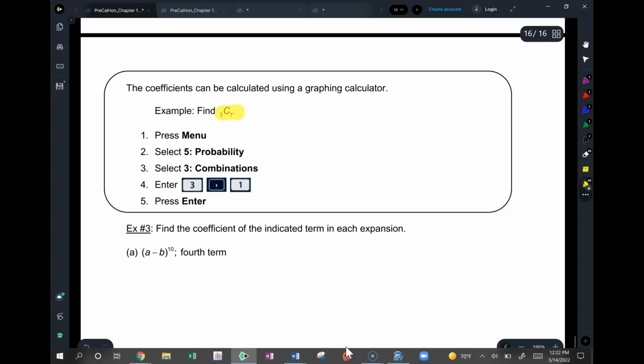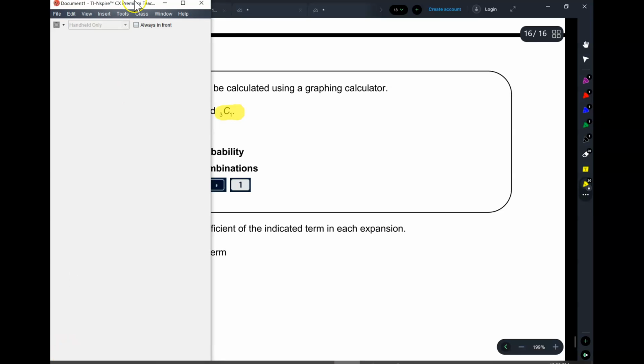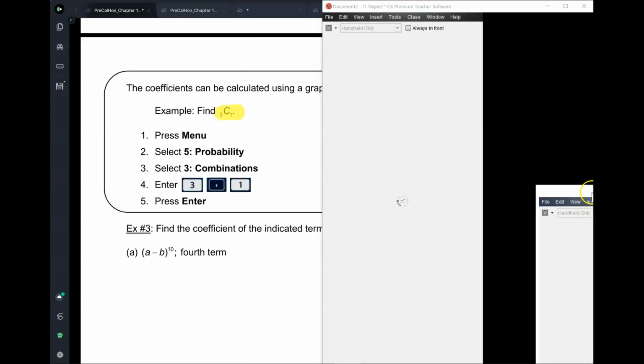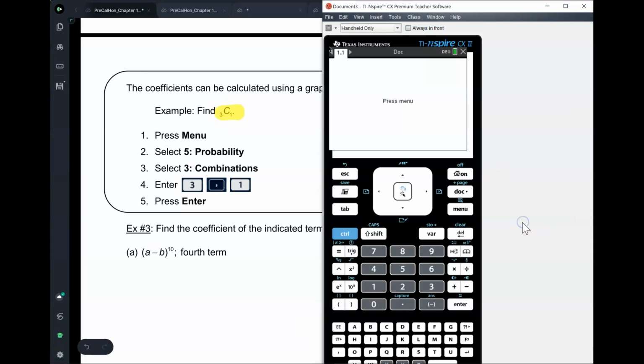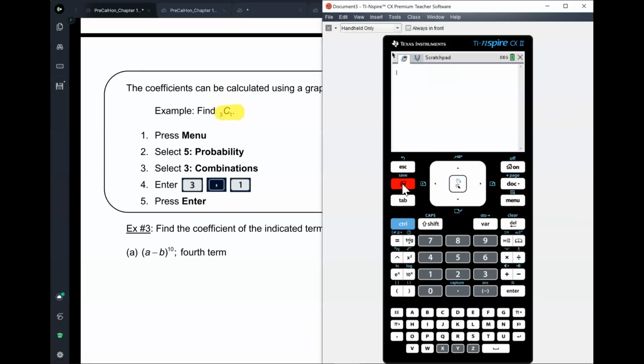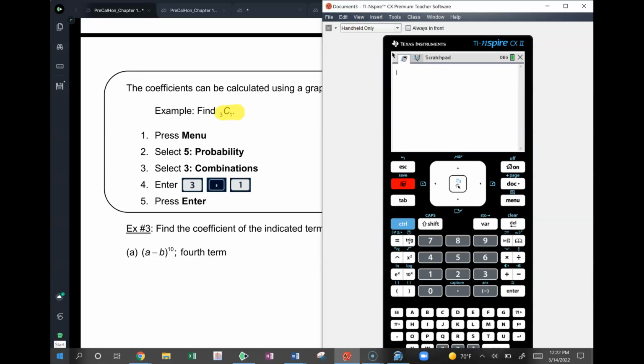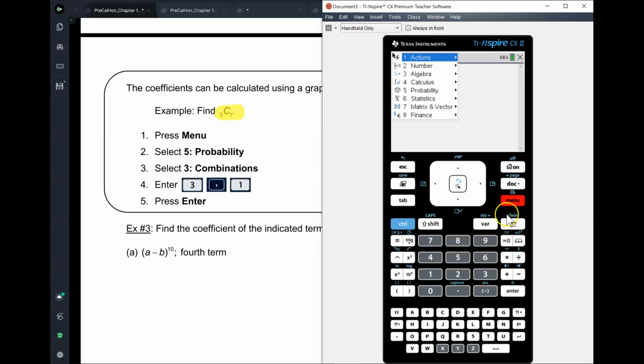You go to menu. Probability is number 5.